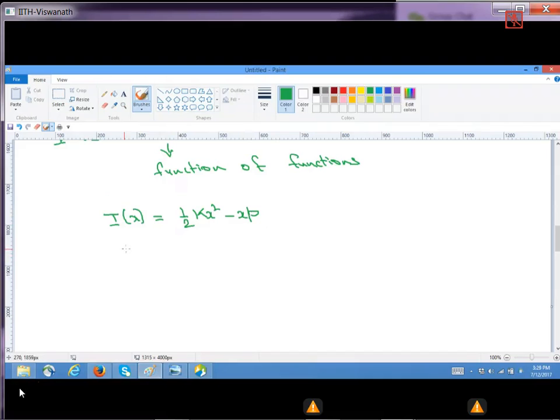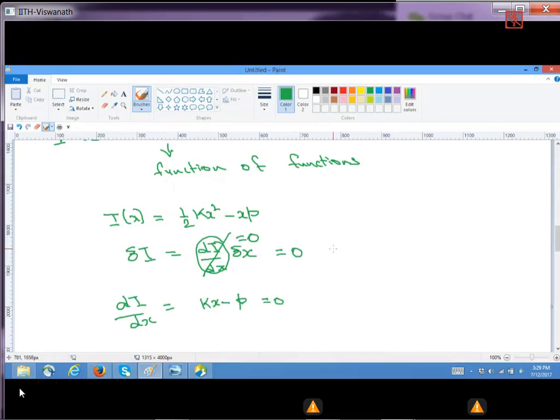So delta I can be written as dI by dx delta x. That means for the minimization, this first derivative has to be equal to 0. So dI by dx is equal to a into x, because the half and that half get cancelled, minus P is equal to 0.